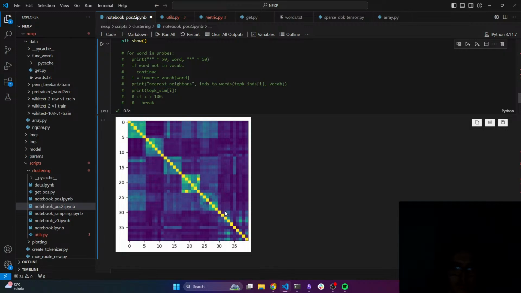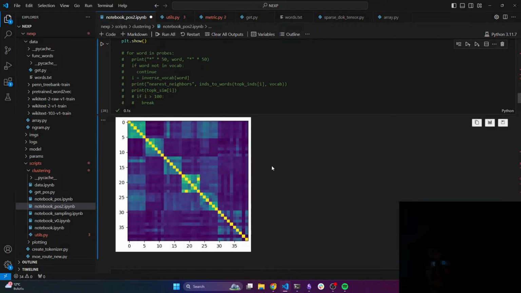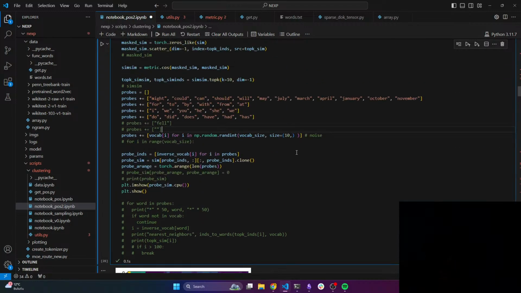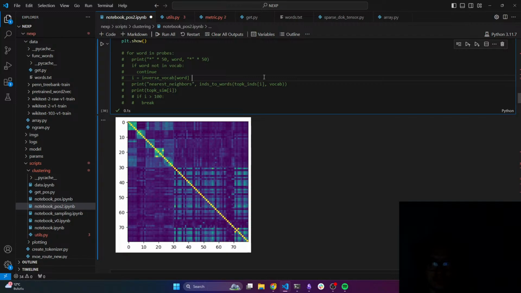So the content words have pretty low similarity to the rest of the words. I can do it many times, and you can see it's pretty dark along these two blocks. These blocks are quite self-similar. Perhaps I should use a bit more content words. I don't know, maybe 50.